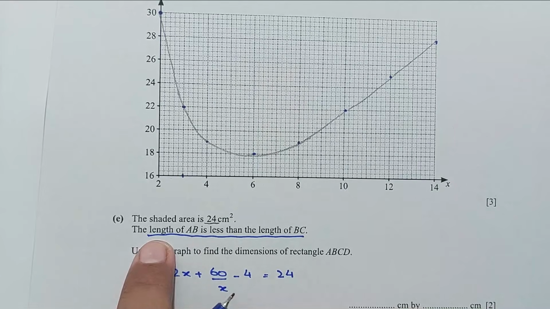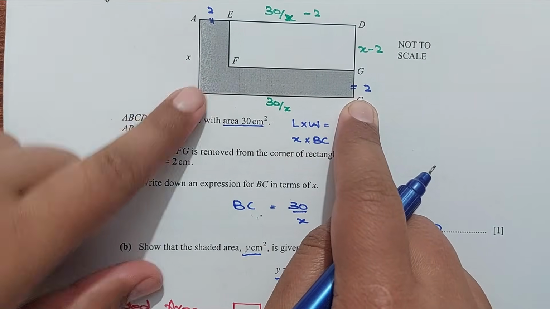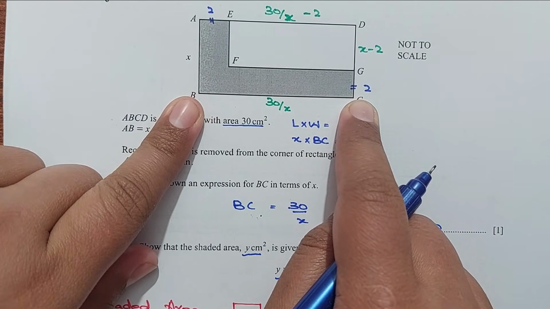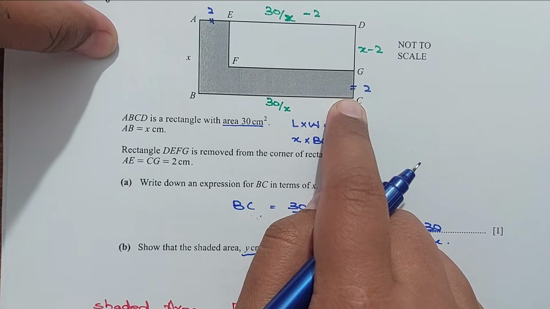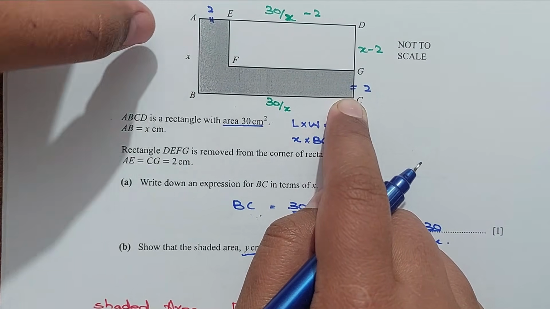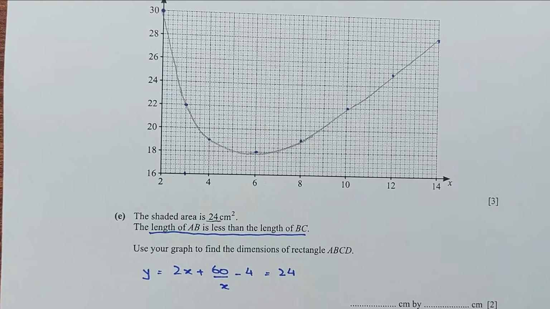This is AB and this is BC. Length of AB is x. Length of BC is 30 over x. So AB length x should be less than 30 over x. This length is lower and BC is greater. We have to use a graph and find the dimensions of the rectangle.